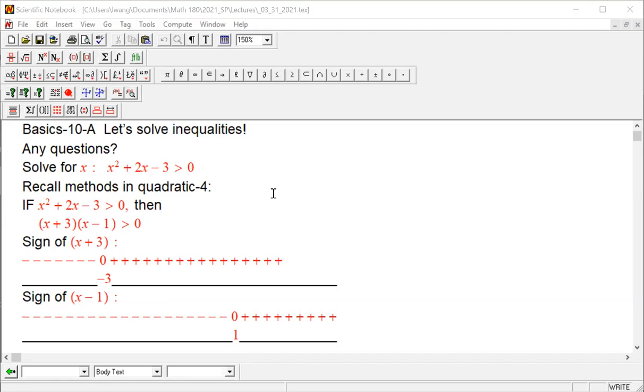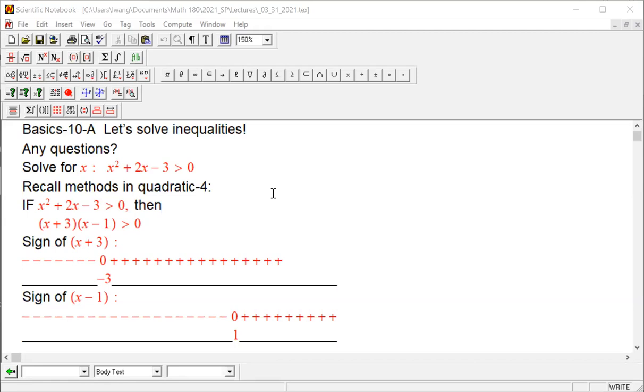Now we're back to revisit basic 10A. So we did a quadratic 4, we did basic 10A, and then we visited quadratic 4, and now we're back to 10A.